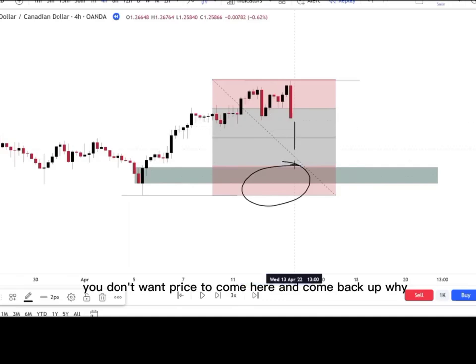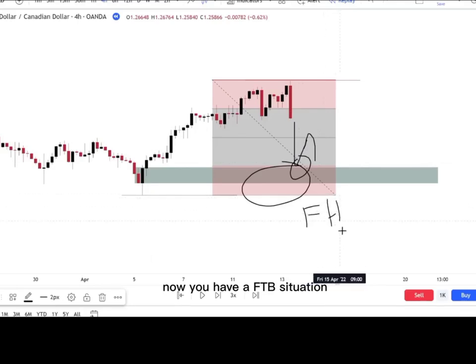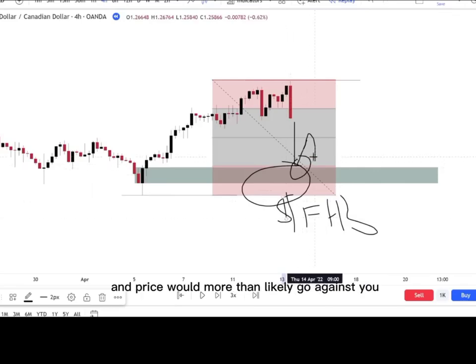You don't want price to come here and come back up. Why? Because if it hits this level and then comes back up and then comes back again, more than likely now you have a FTB situation, which means the liquidity is rested right here and price will more than likely go against you.